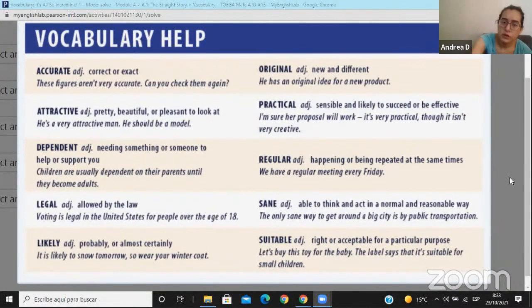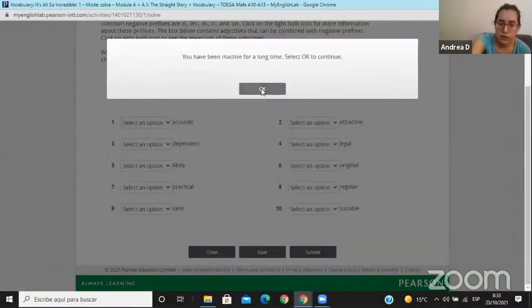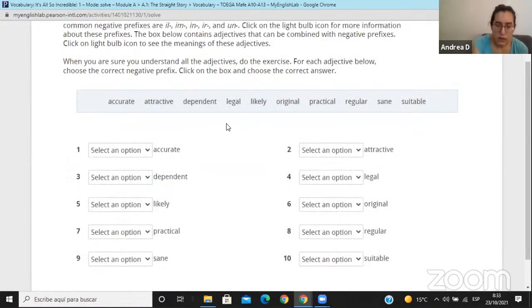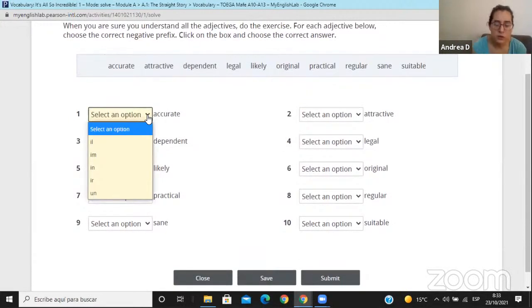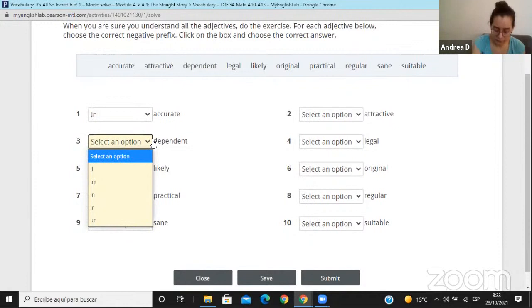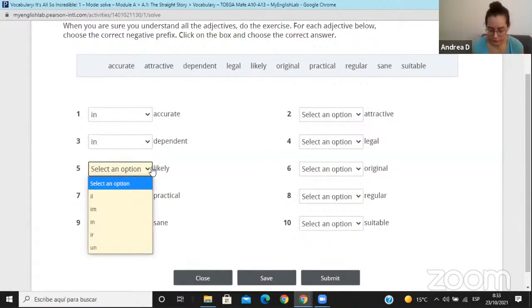Okay. So now let's go back and try the exercise. We need to choose the right one. How would you do accurate? Inaccurate. Dependent? Independent. Likely?